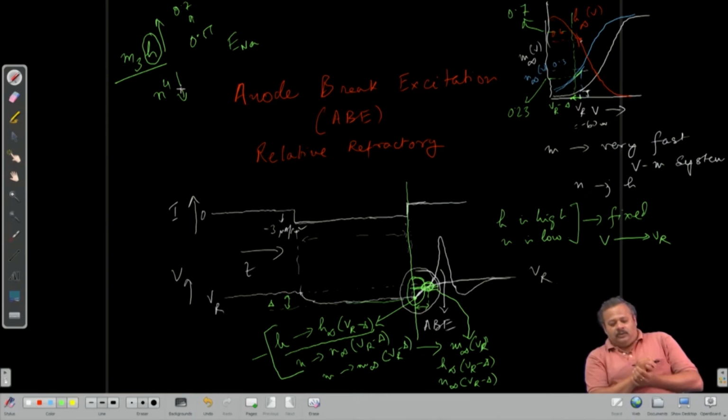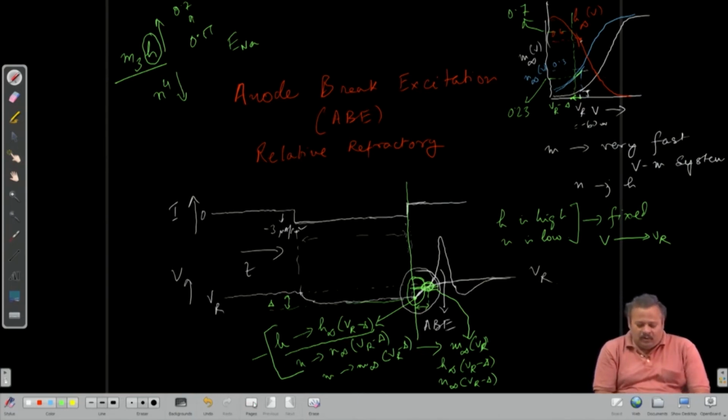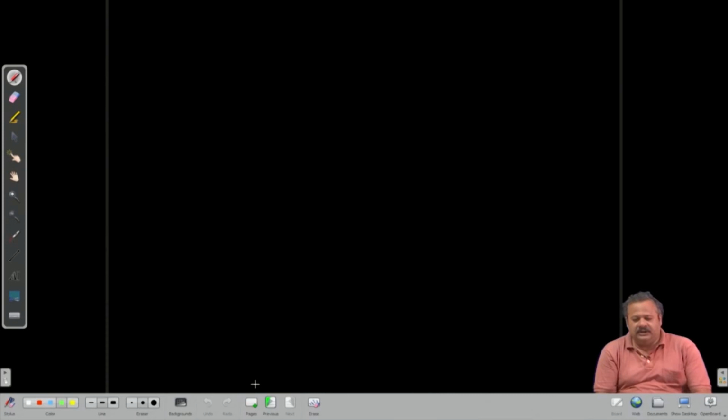To look at it in more detail, so this was less quantitative, a qualitative description, but we can have a quantitative description using our numerical simulation methods and using phase plane analysis.